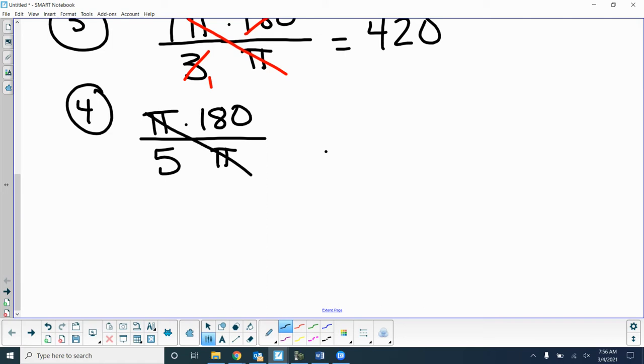And then just divide 5 into 180. Or, if you can do it in your head, 5 goes into 18 3 times, and 5 goes into 30 6 times. 36 degrees, if you want to do it without using your calculator.